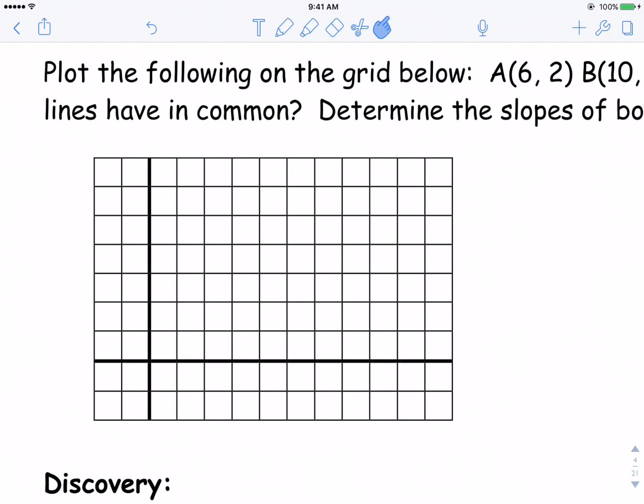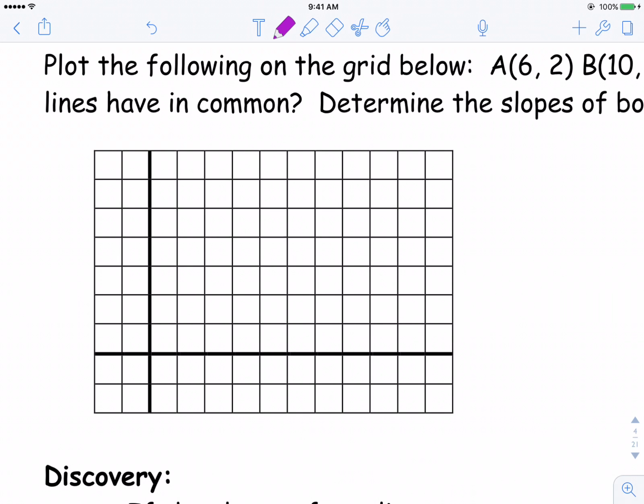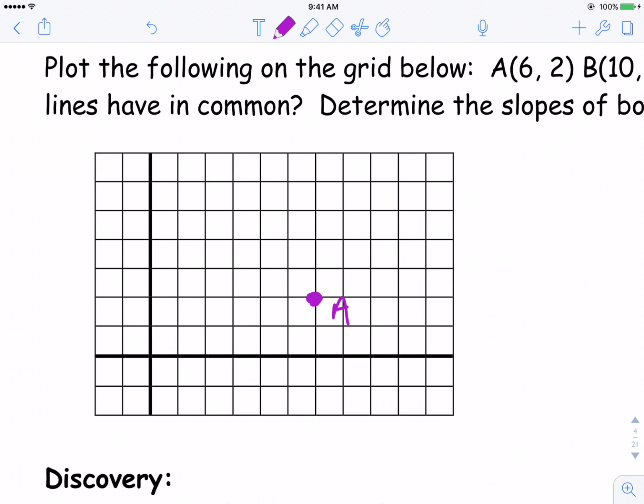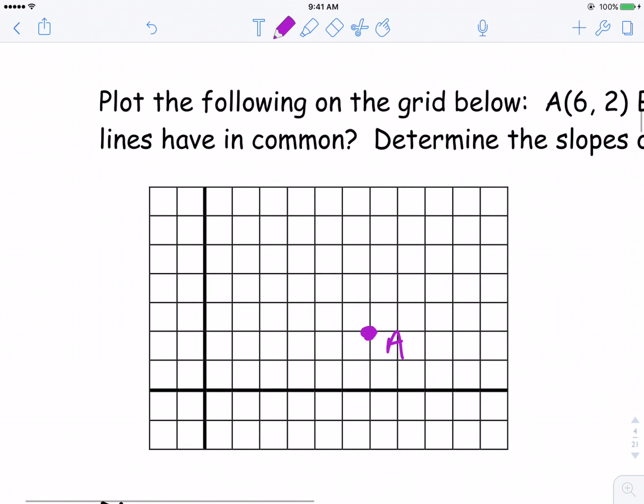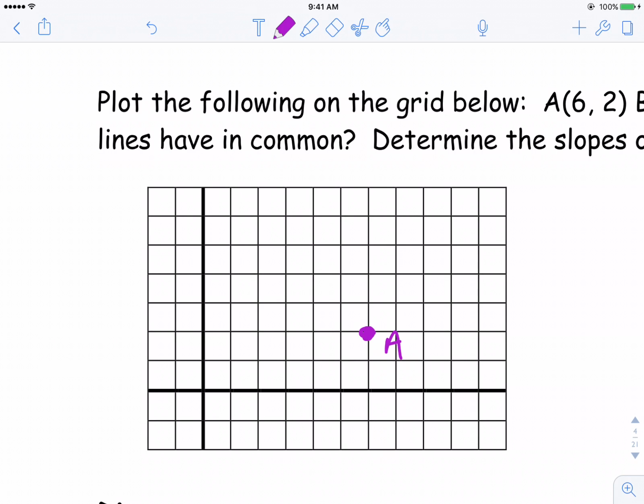There's A. B is 10, 3. There's B. There's my line segment.